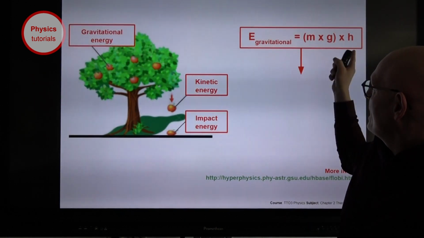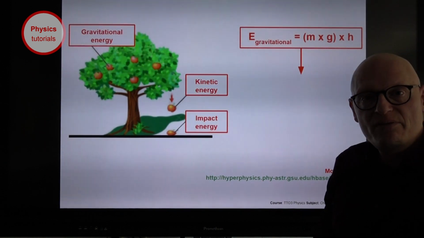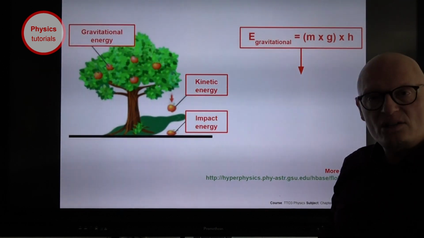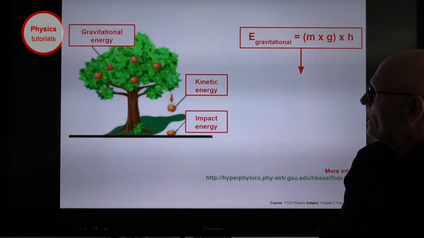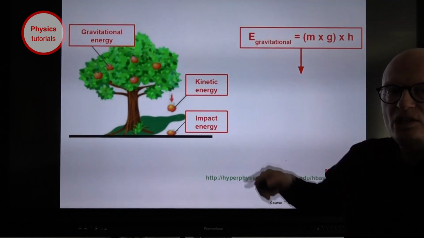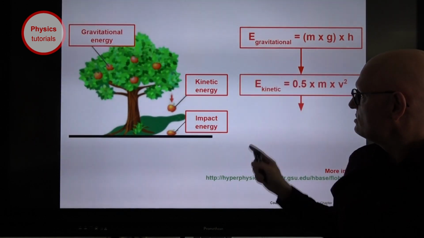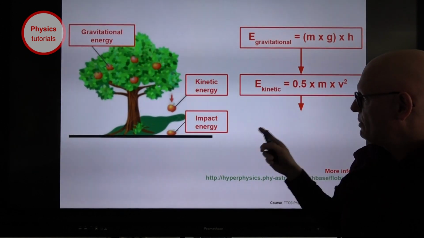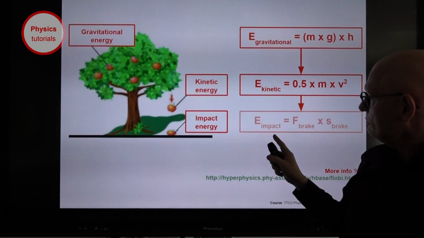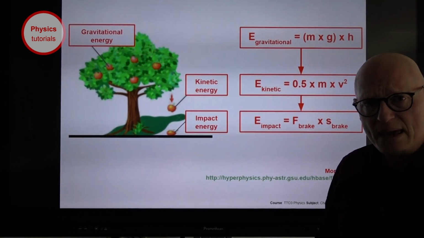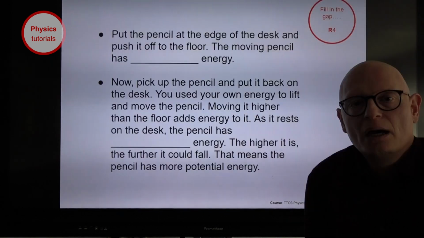All these three together, multiplied, will give you the amount of joules, which stands for the gravitational energy. Then, when the apple falls, this amount of energy is converted into kinetic energy. At the moment that the apple hits the floor, the kinetic energy is converted into the impact energy.